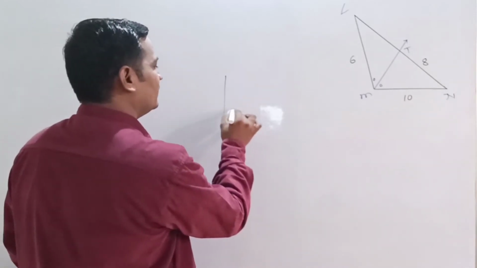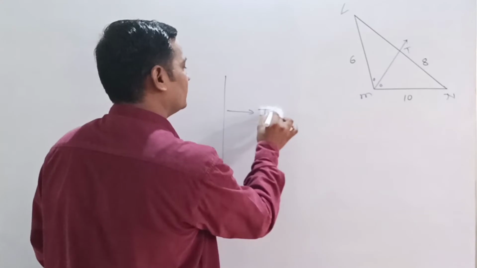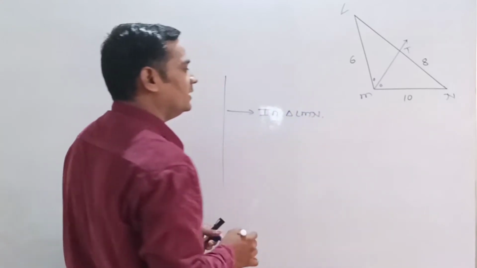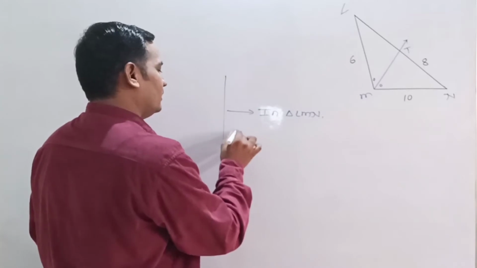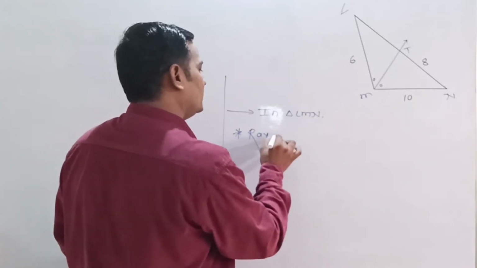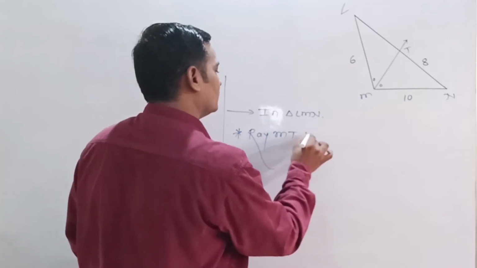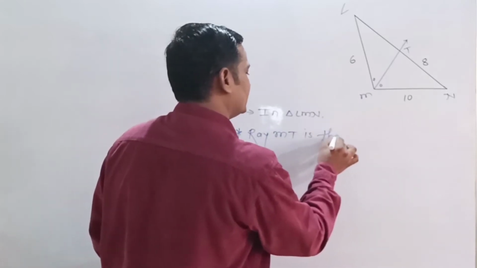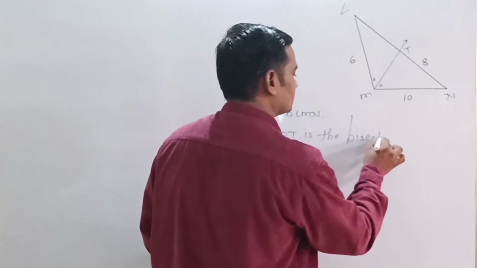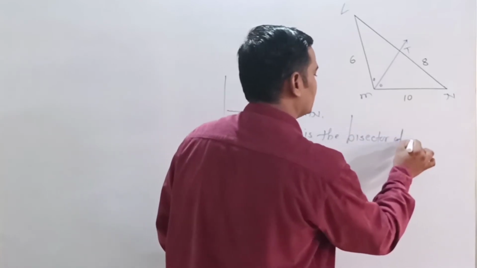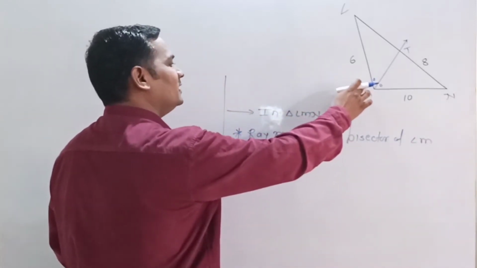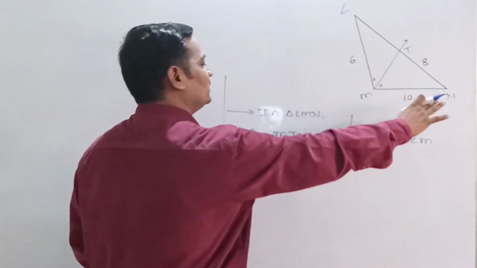So let's use that angle bisector property in that figure. So in triangle LMN, a ray MT is the bisector of angle M, or you can write LMN.